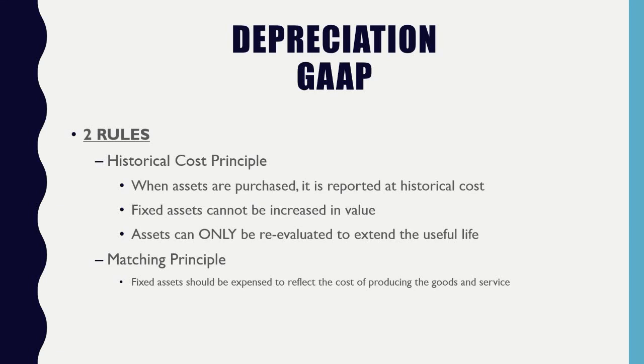And you can never, ever assume or place invisible money. You cannot recognize a gain or a loss until you sell the item. All right. And again, fixed assets can only be increased in value. But they can also be reevaluated at the end of their life as well.